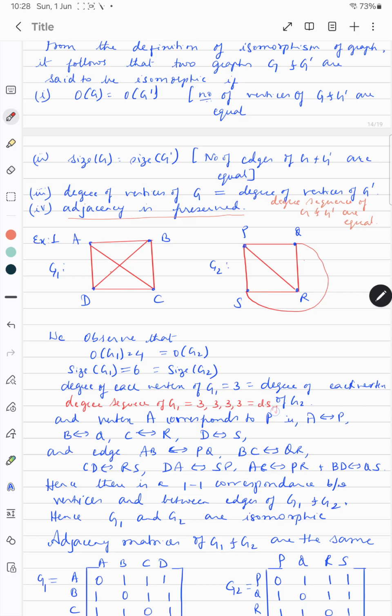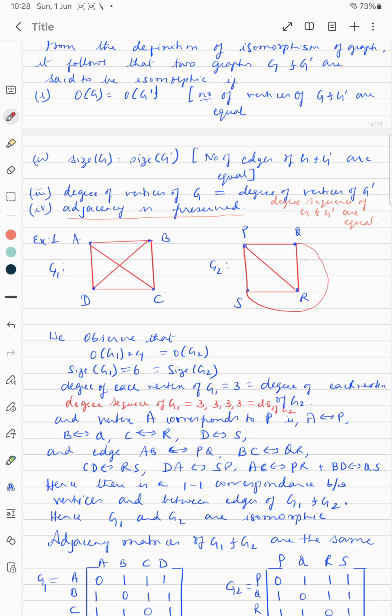You can see that there are 3 edges incident at every vertex, so the degree sequence of G2 is also 3, 3, 3, 3. Thus, the 3 conditions of isomorphism are satisfied.